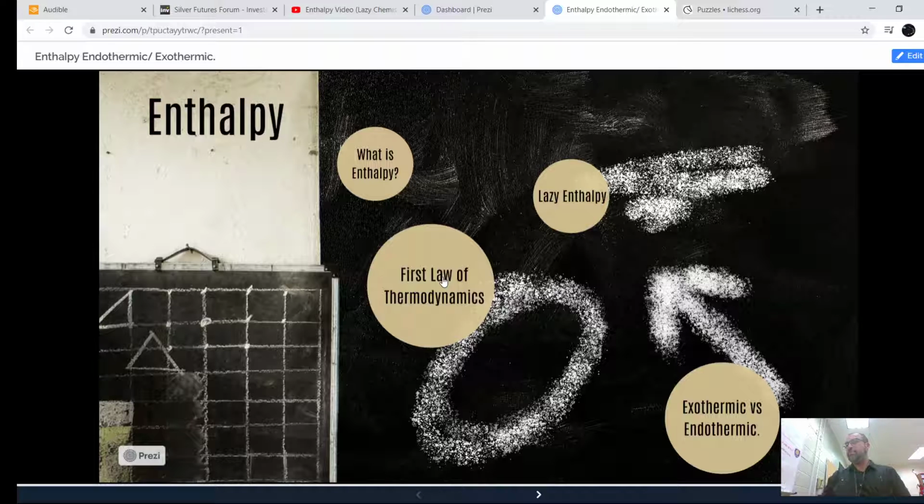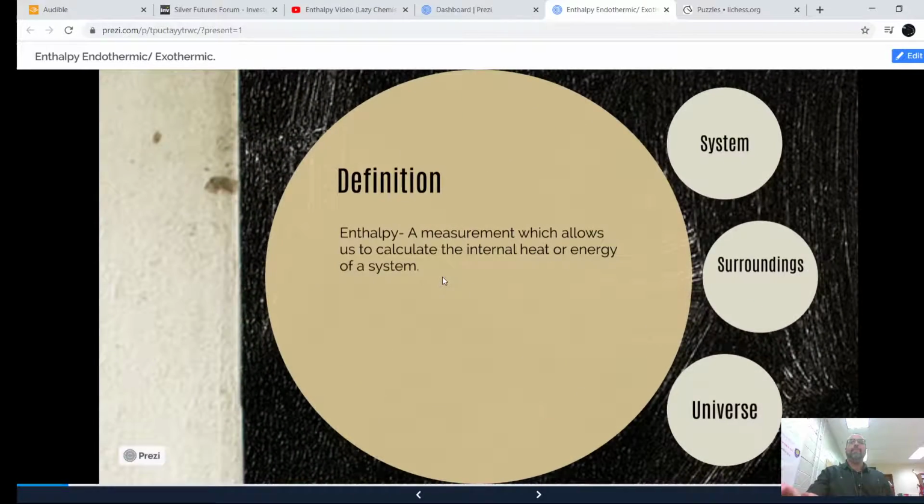Okay? So what we're going to be talking about here is the basics of what thermodynamics or thermochemistry is about. The first thing is that we're going to have a special term that we're going to use. It's going to be called enthalpy. Enthalpy is the measurement that helps us calculate the internal heat or the energy change of a system.